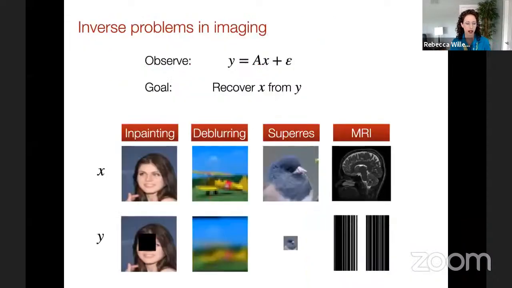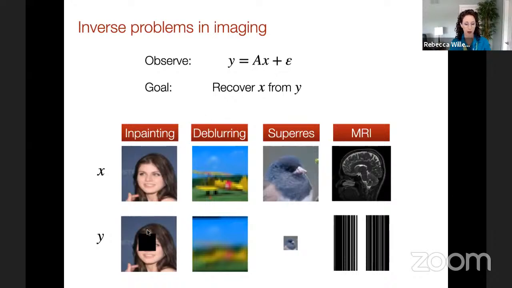Like I said, we've been exploring inverse problems in imaging. We think of it like this. We have some image that I'm going to call X that we're ultimately interested in recovering, but we don't have simple pixel-by-pixel images of X like you would have with your smartphone. Rather, you have some kind of indirect measurements, linear projections that may be corrupted by noise.